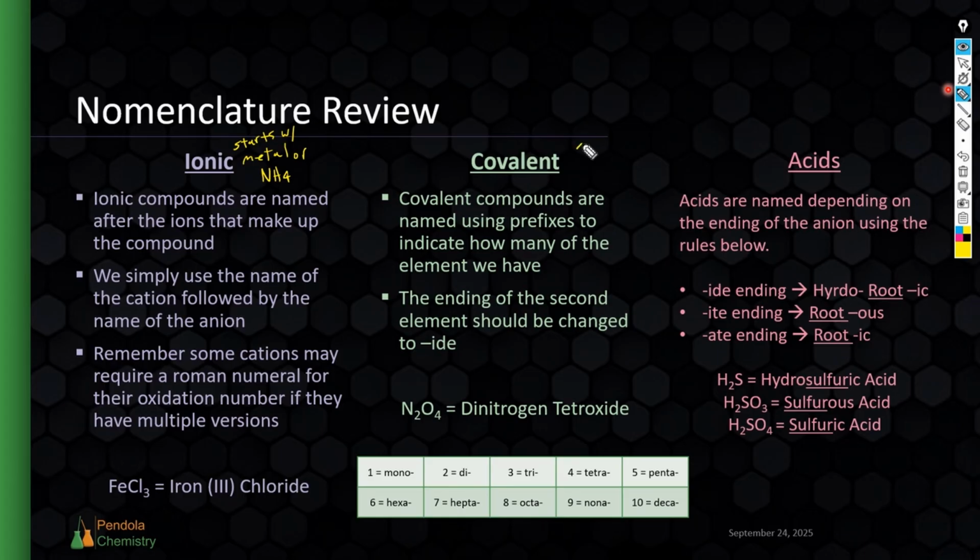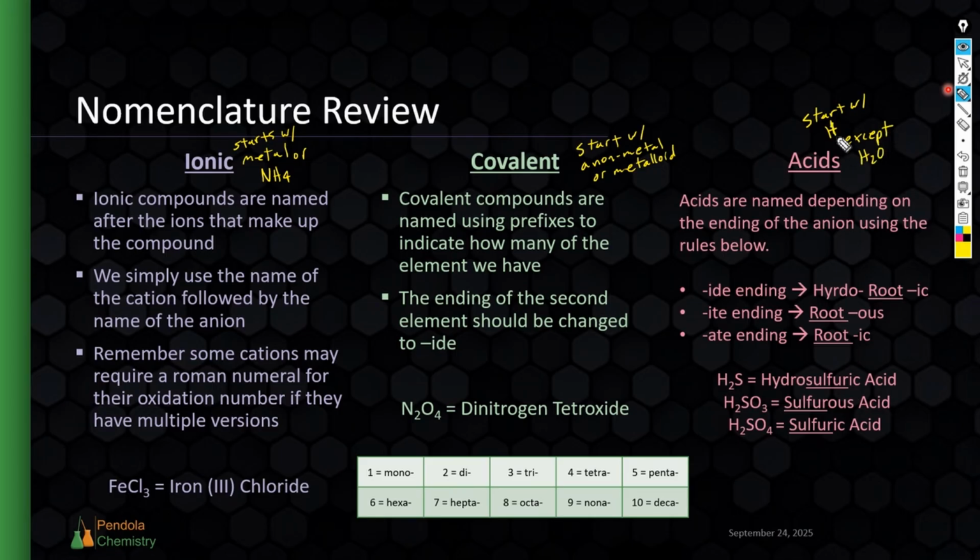Covalent compounds are going to start with a nonmetal or a metalloid, or sometimes called semi-metals, but I prefer the term metalloid. So covalent compounds, if it starts with a non-metal or a metalloid, then we know it's a covalent compound. And finally, acids are going to start with hydrogen, except for the very famous one, which is water.